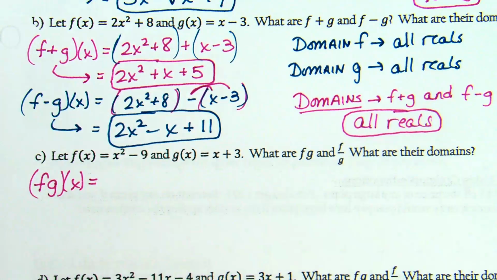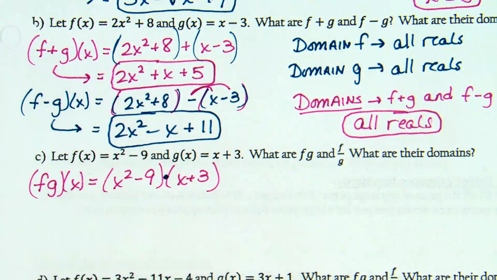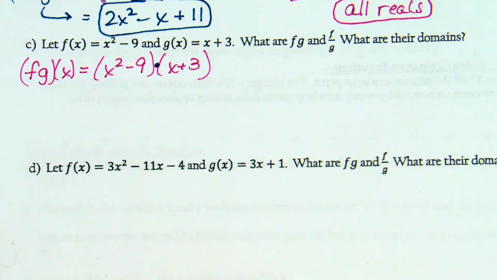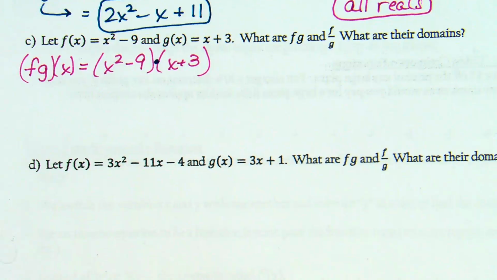How are you going to multiply those? Binomial times binomial means, yes, we need to FOIL. You've had a lot of FOILing practice lately, right?